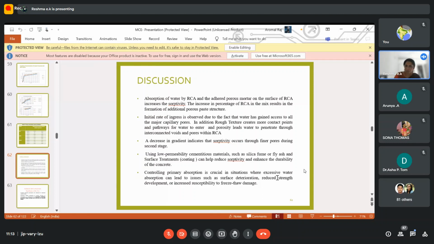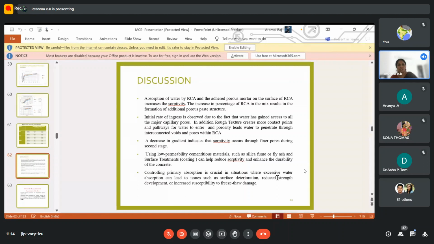Initial rate of ingress is observed due to the fact that water has gained access to all the major capillary pores. In addition, the rough texture creates more contact points, because we know the adhered mortar is rough. It creates more contact points and interconnected pathways, same as soil. When we talk about soil, we talk about interconnected voids.